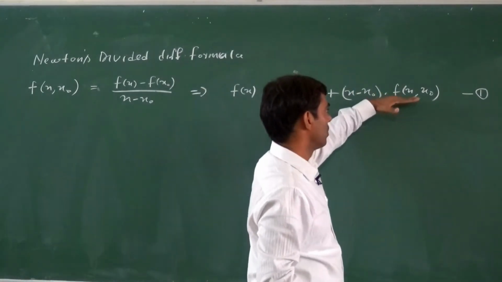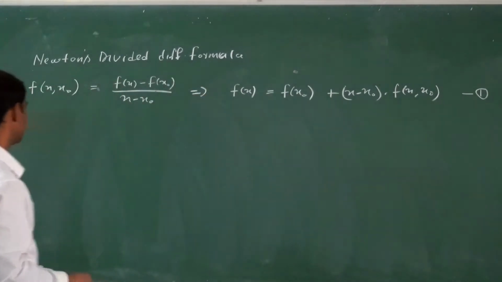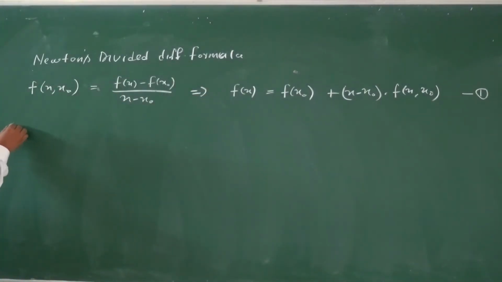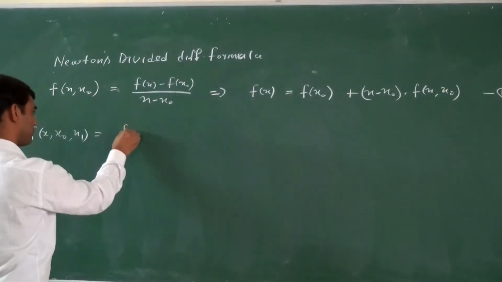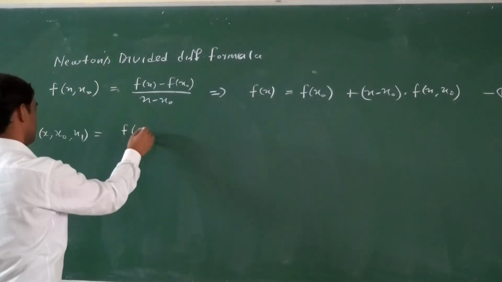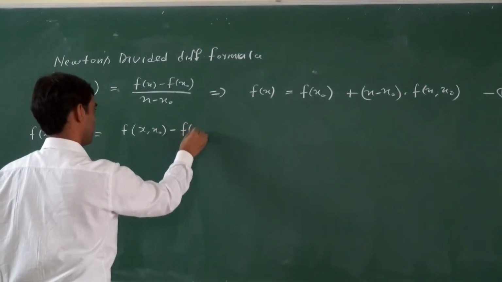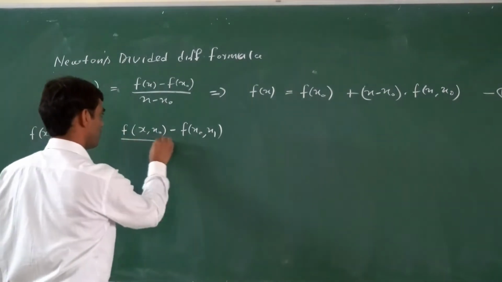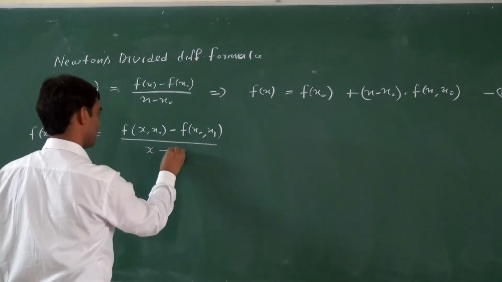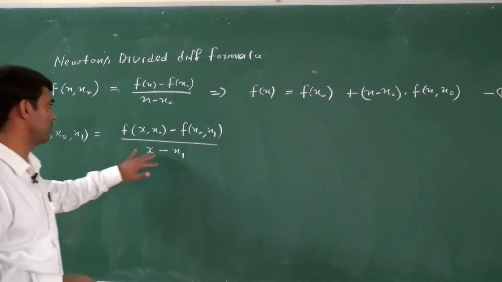So what is the second divided difference? f of x0, x1, x is f of x0, x1 minus f of x0, x divided by x1 minus x.